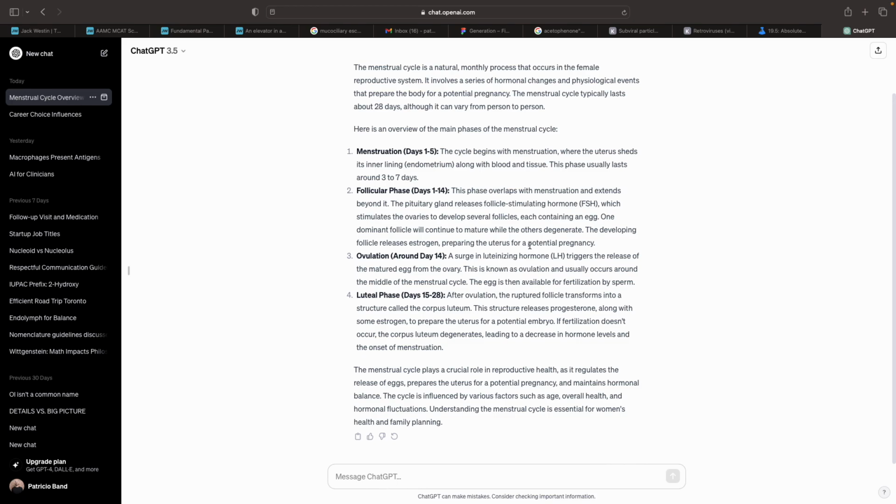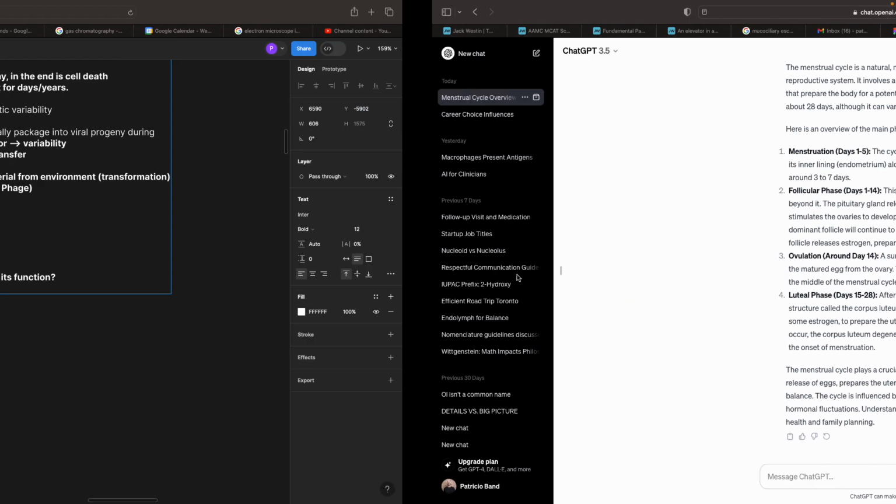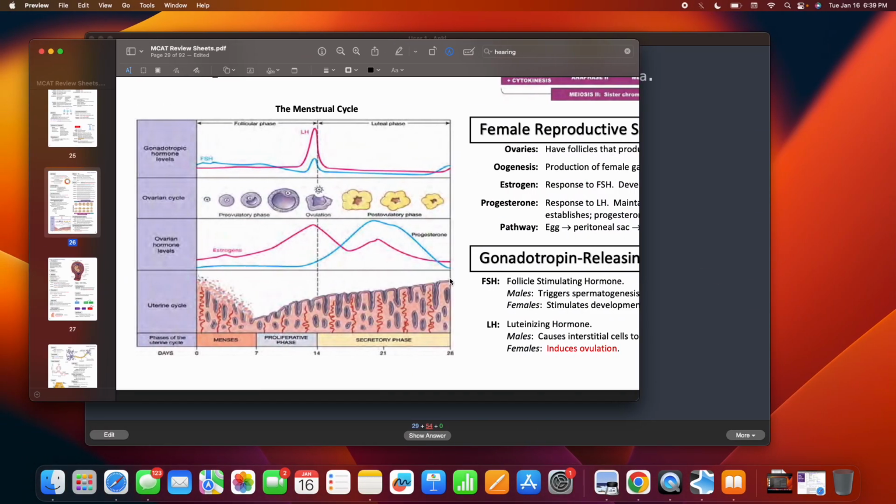And then we have ovulation around day 14, which is 2 weeks into the menstrual cycle. And a surge in LH triggers the release of the matured egg from the ovary. So if you look, you can see the surge in LH and also a sudden surge in FSH.